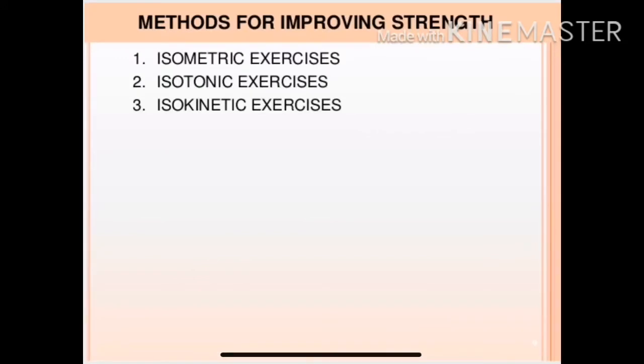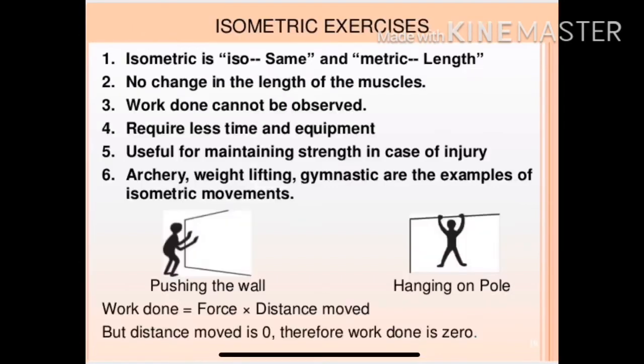Now we will study methods of improving strength. There are 3 exercises for improving strength. Number 1 is isometric exercises, second is isotonic exercises, and third is isokinetic exercises. Number 1 is isometric exercises.